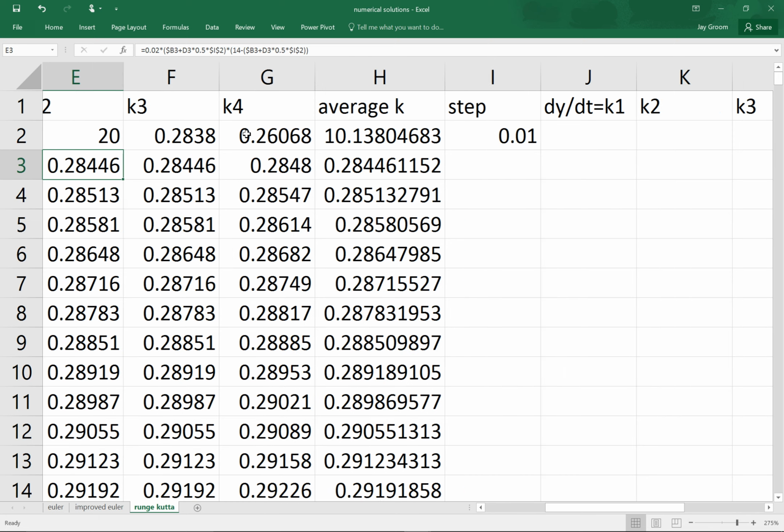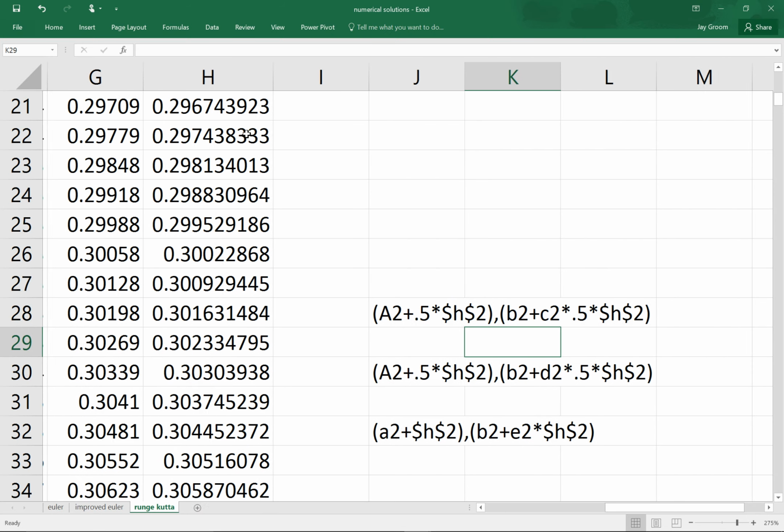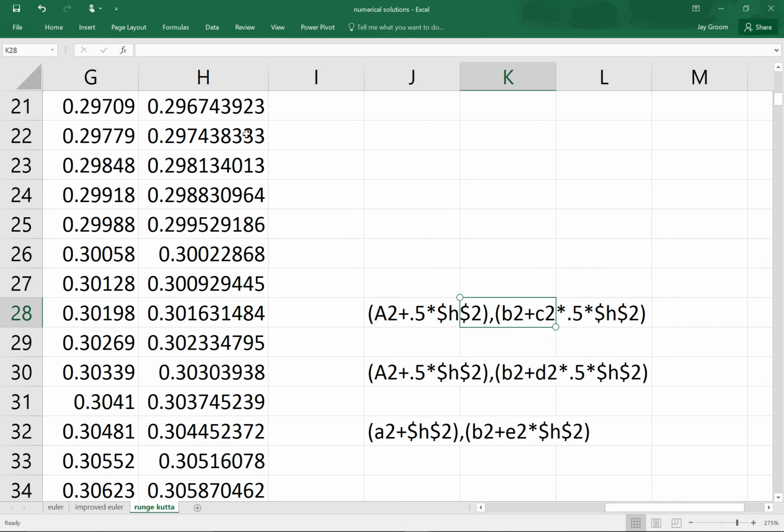Now, you'll recall, somewhere down here I made note of them. So, what I need to do, you see, is this is what we're going to do. The first time we went over half a step size in the x, half a step size in the y, right? But since our x only depends on y, that's all we had to worry about was this bit right here, this b2 plus this thing right here. That's all I had to worry about, okay?